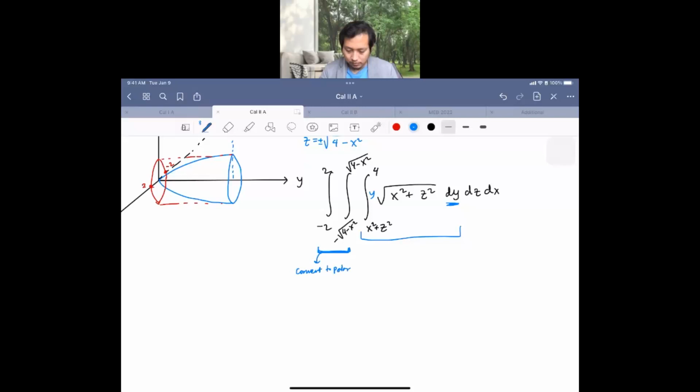But let's say we are going to solve the inside integral first. Okay, let's say we are going to the inside one. So we still write y, then x squared plus z squared, 4, and then dz dx.